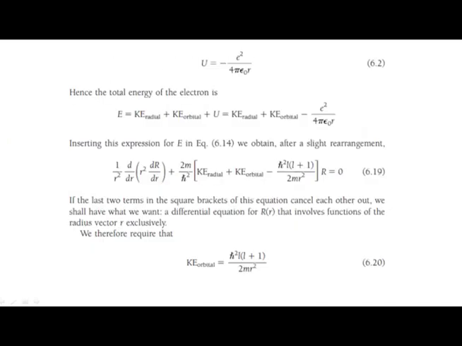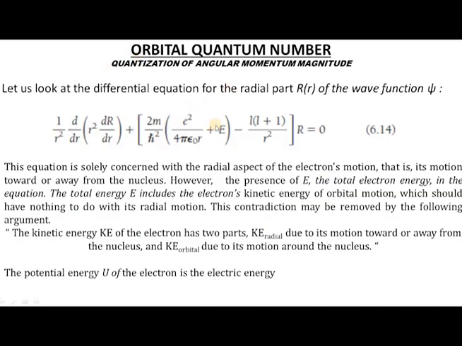But you have a potential energy term along with the total energy term E. And in the presence of E, the total energy in this equation, what does the total energy include? Kinetic energy of orbital motion and kinetic energy of the radial motion, plus the potential energy.